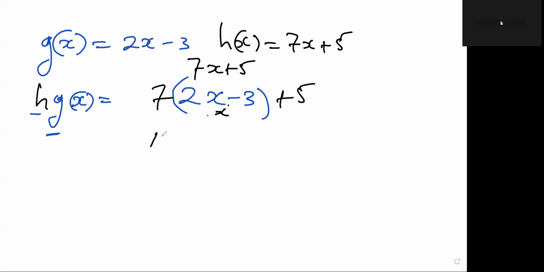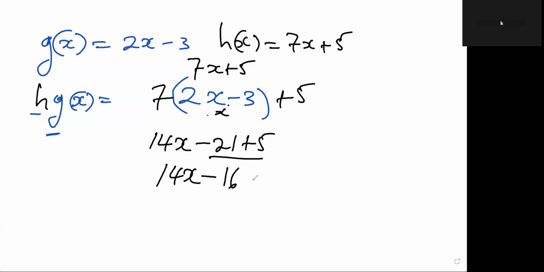Alright, 7 times 2 is 14. 7 times negative 3 is negative 21. Now, one positive, one negative, so you have to subtract. Keep the sign of the bigger one. What's the difference? 16. So that's our answer. Once one is positive and one is negative, you have to subtract. Keep the sign of the bigger one.